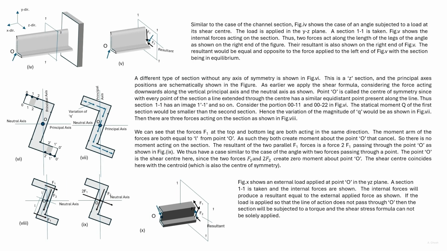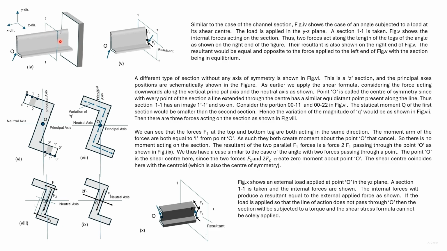In the earlier slide, we looked at the problem of an unequal angle subjected to load from one side only. A three-dimensional view of the angle subjected to load would help us understand the problem. So here we see a load acting at the shear center. The load is considered to act in the YZ plane.